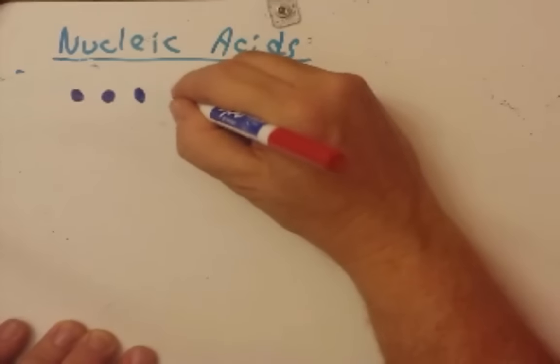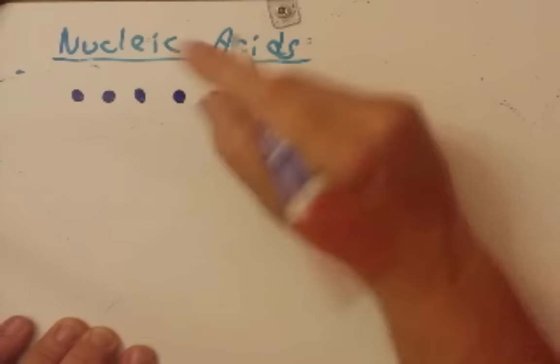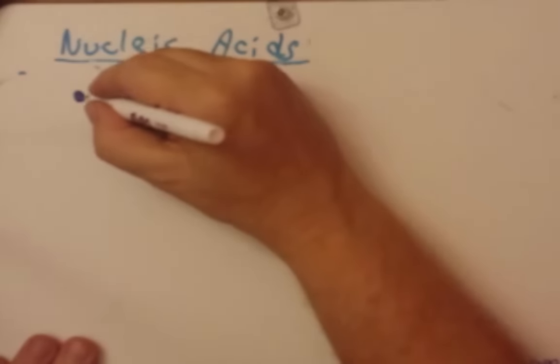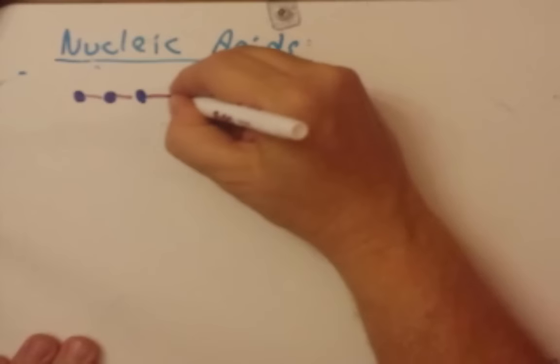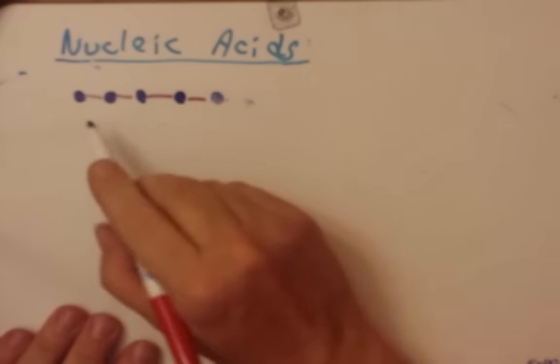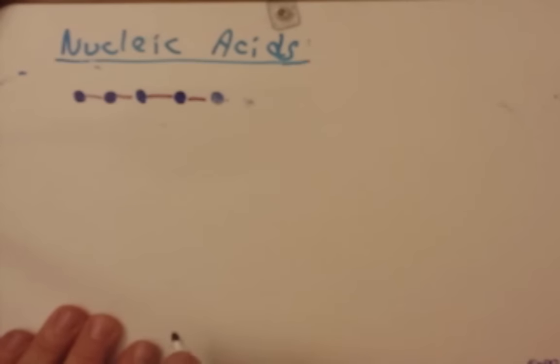As a repeating theme here, I want to talk about these monomers and how they're held together to form polymers. Just like with carbohydrates and proteins before, nucleic acids are a repeating string of monomers.